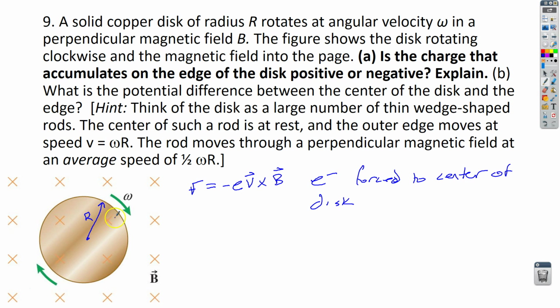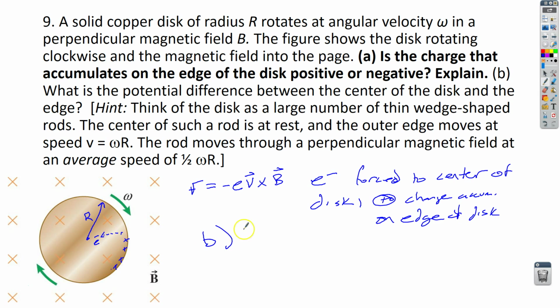So our force here, remember, is a centripetal force, so we're going to move it towards the center. So all of those electrons are going to move towards the center. If the electrons move towards the center, then on the outside of this disk, we should have a positive charge accumulate on the edge of the disk.